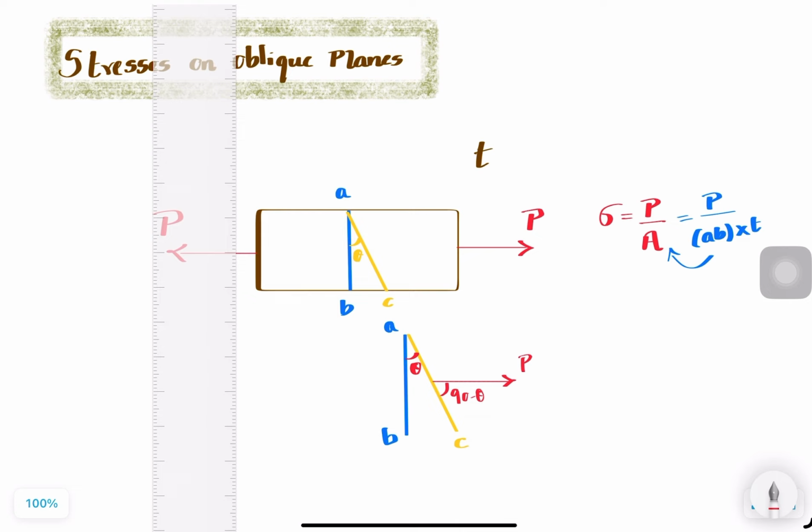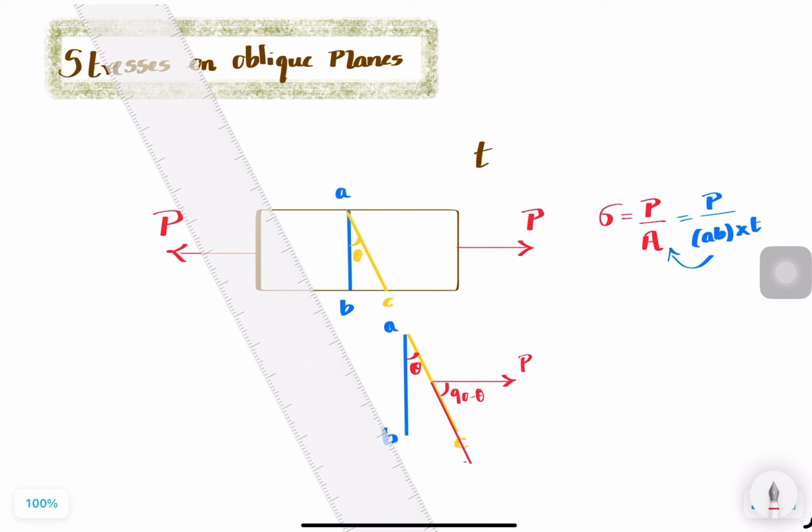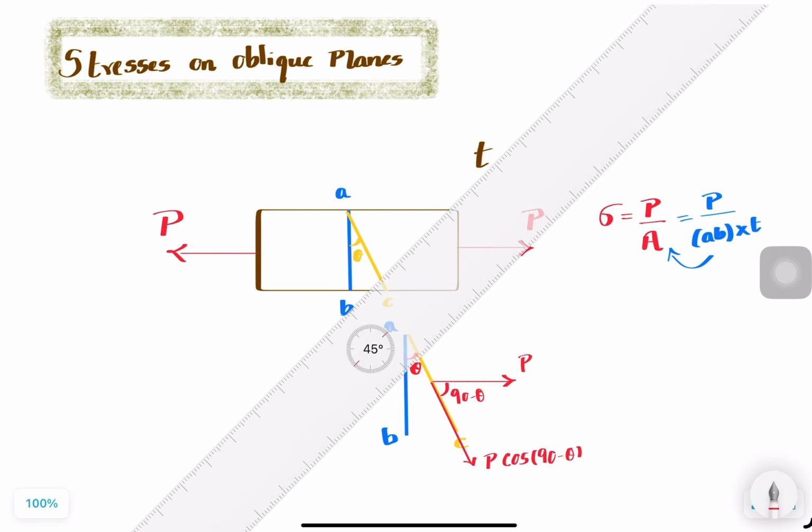Now I'm going to resolve this load into two components. One is the horizontal component, another is the vertical component. What is the horizontal component of this load? It is P cos(90 minus theta). And what is the vertical component of the load?